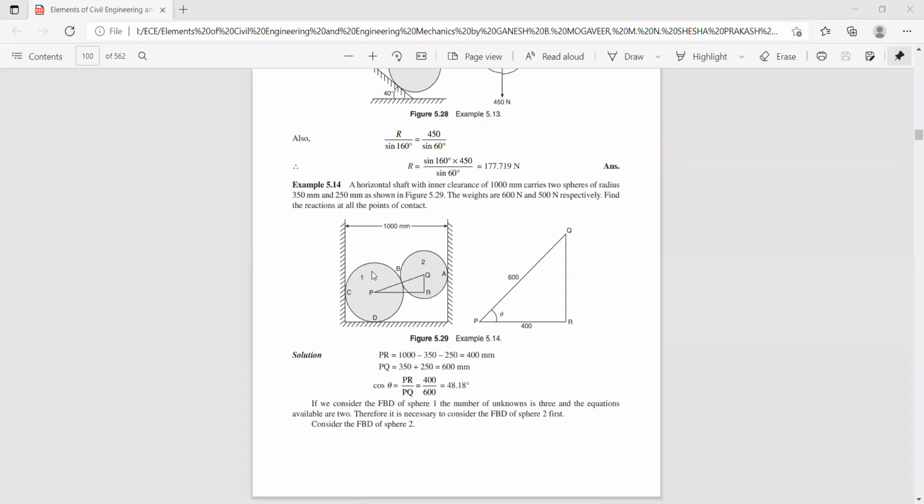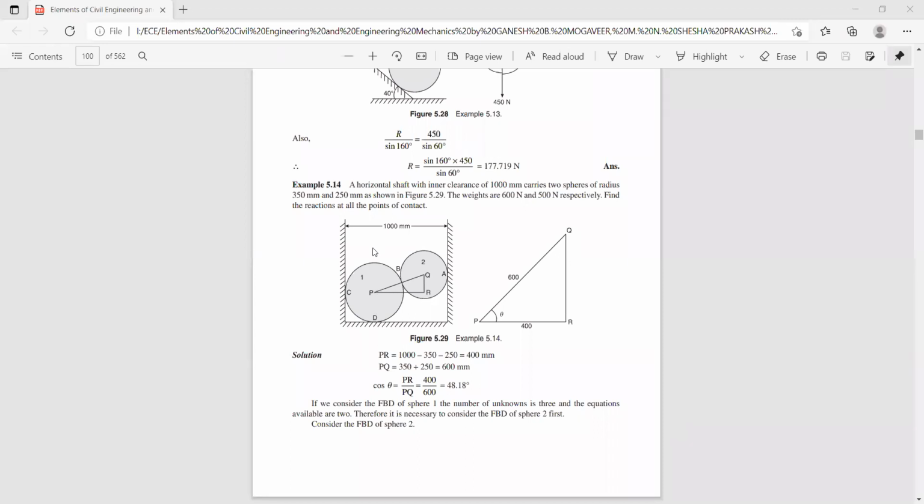Now you take out this sphere outside. So if you draw a circle and draw the x and y axis to point P. Now you have a reaction force RC like this, RD acting in the upward direction.